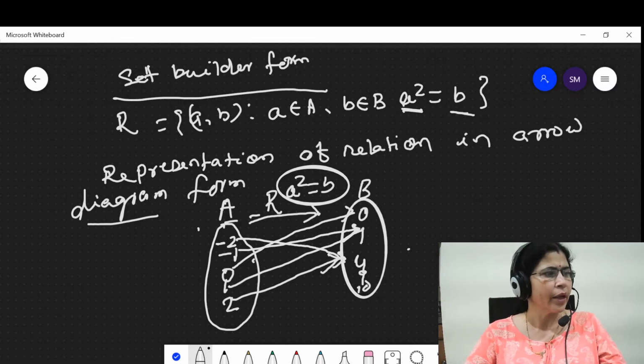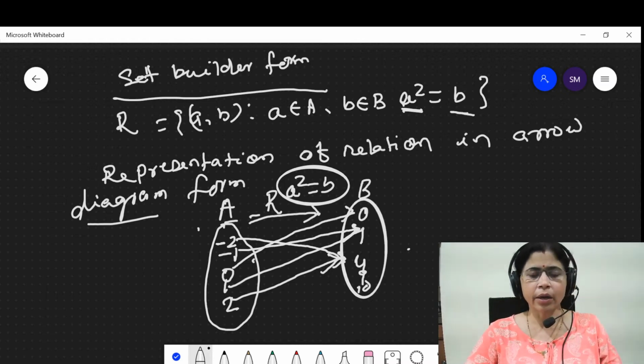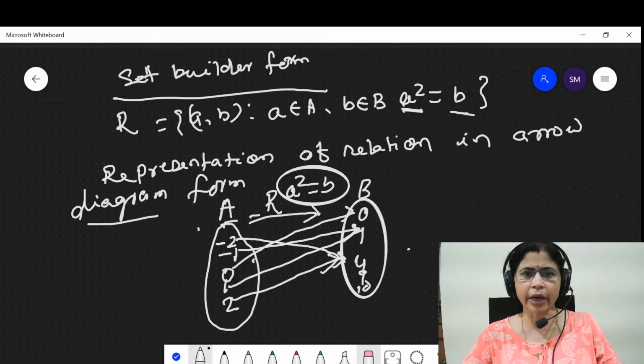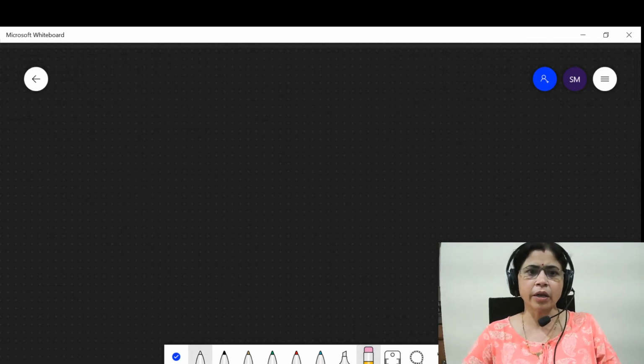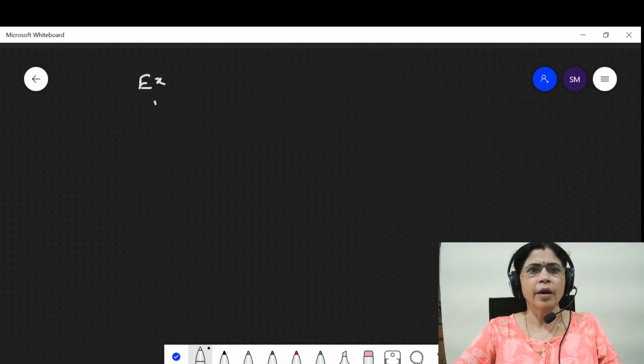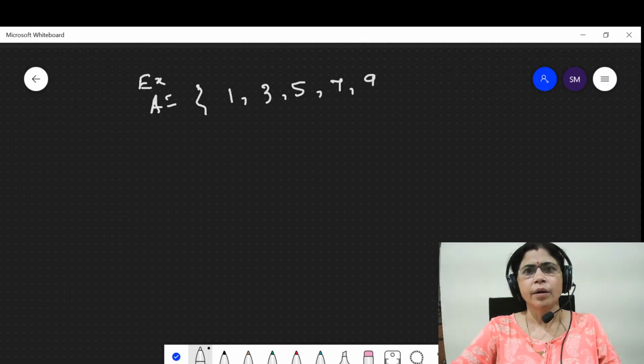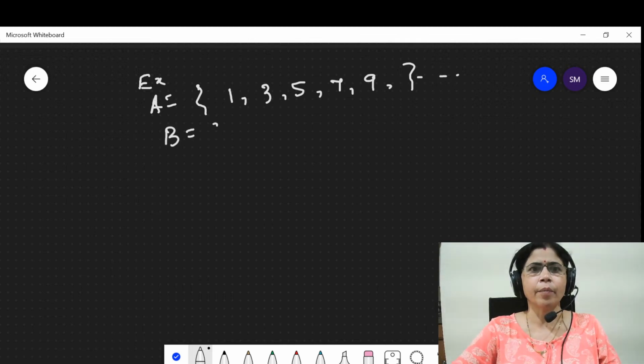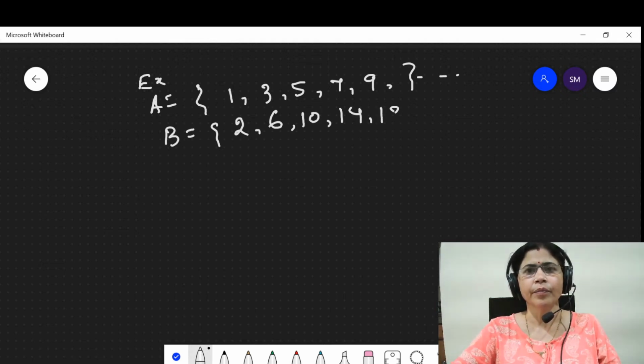Now take another example. Suppose A is the set 1, 3, 5, 7, 9 and B is the set 2, 6, 10, 14, 18.